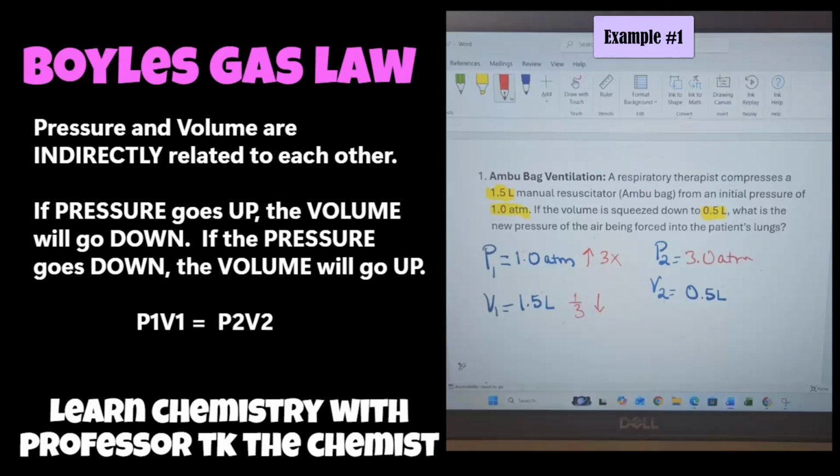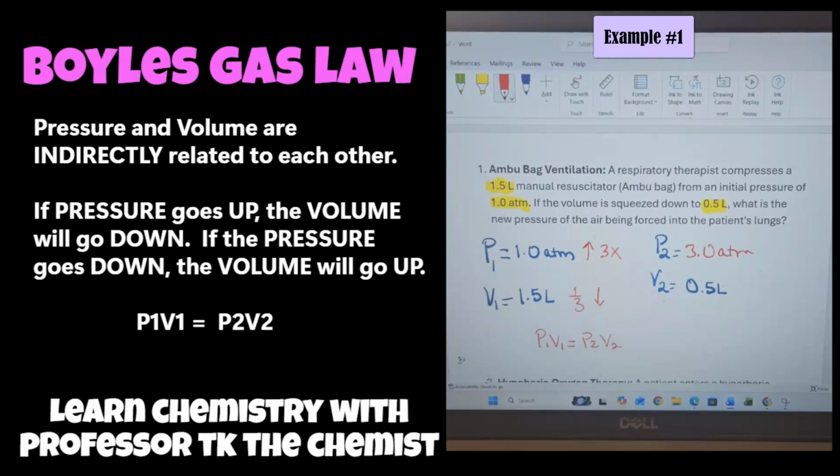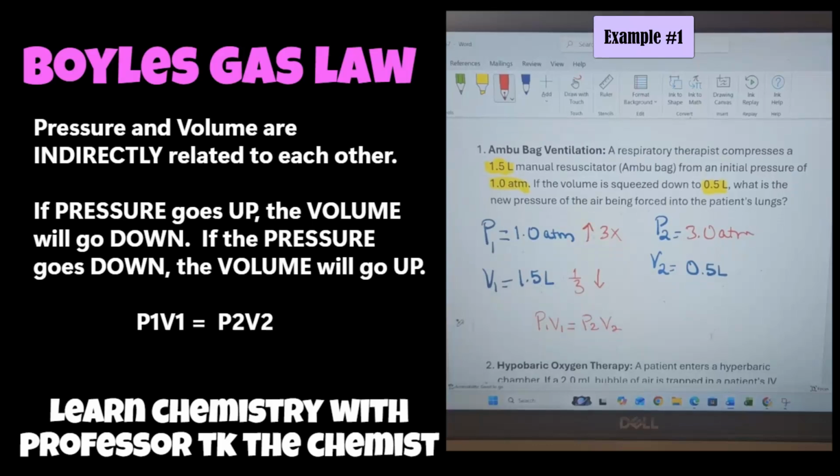Now, let's go ahead and solve this problem so that you all can see exactly how to work this. Remember, the formula for Boyle's law says that P1 times V1 equals P2 times V2. That is the formula for pressure and volume relationships with Boyle's law.